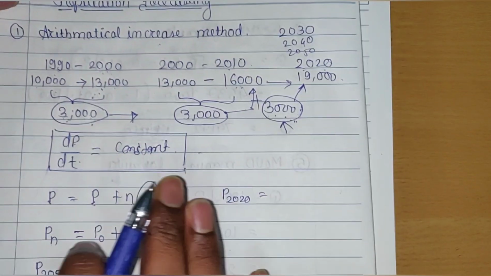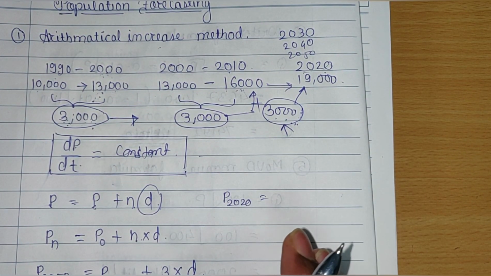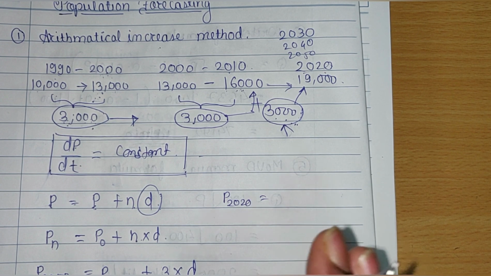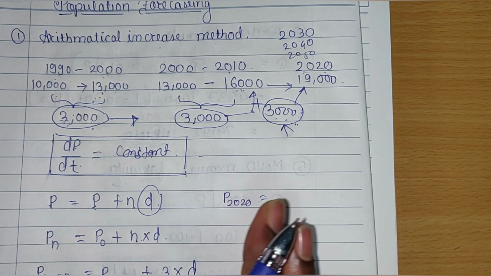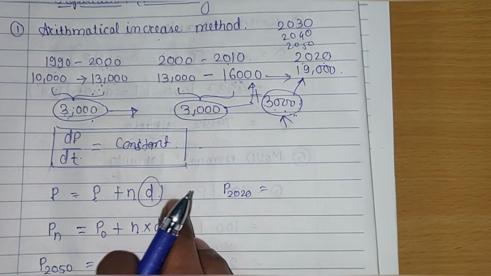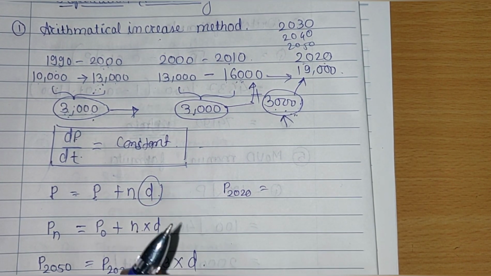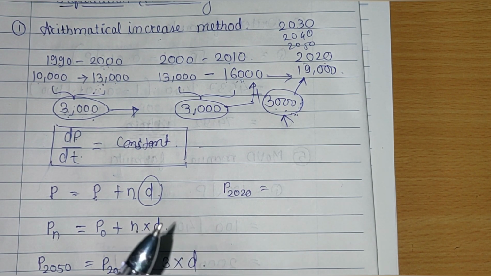Okay, this is the arithmetical increase method. We will solve one example on it, and you will get a clear idea of the arithmetical increase method. One more important thing: this method is applicable only when the town is old and large and has also reached its saturation.